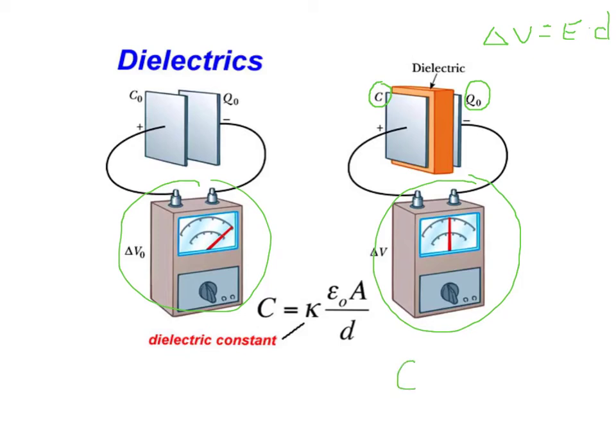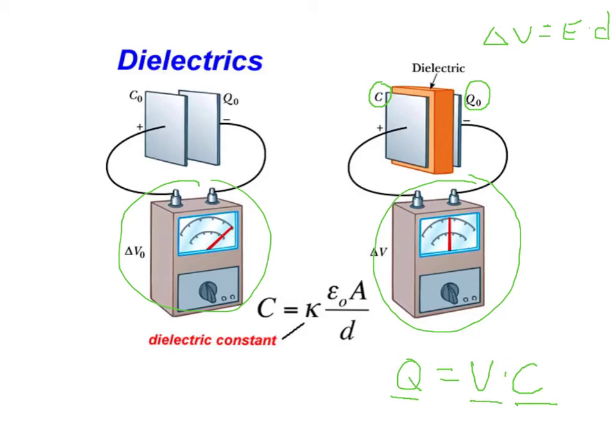And I'm using here an important relationship, Q equals V C. Because Q cannot change, if the C is going to go up, V is going to have to go down proportionally. That's what we call an inverse relationship.